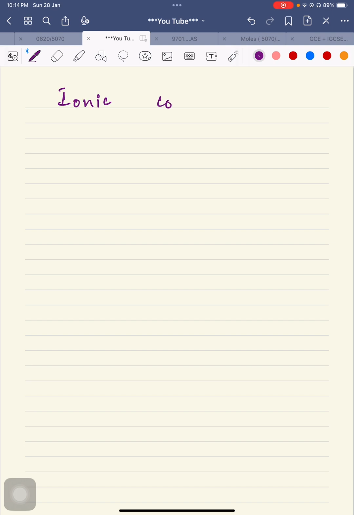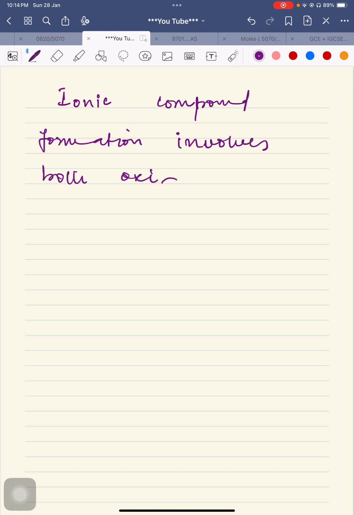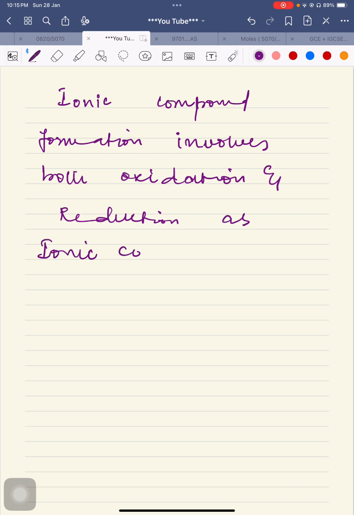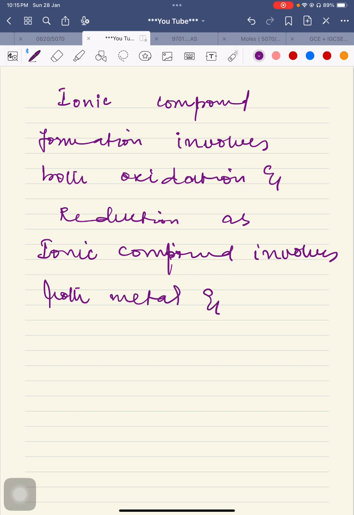Ionic compound formation involves both oxidation and reduction, as an ionic compound involves both metal and non-metal.